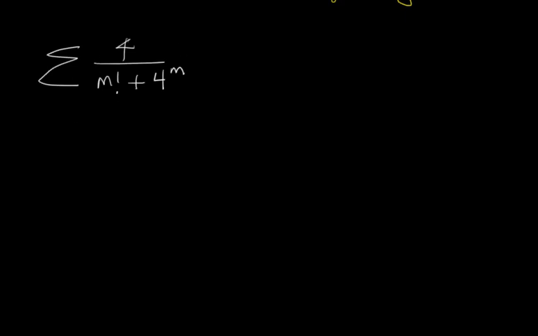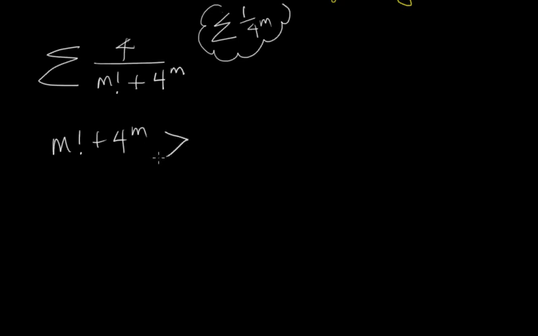So let's use the comparison test, and let's compare it to this series. How about 1 over 4 to the m? And maybe not exactly that, but I think we could get something close to that. So let's see. M factorial plus 4 to the m is certainly much greater than just plain 4 to the m.